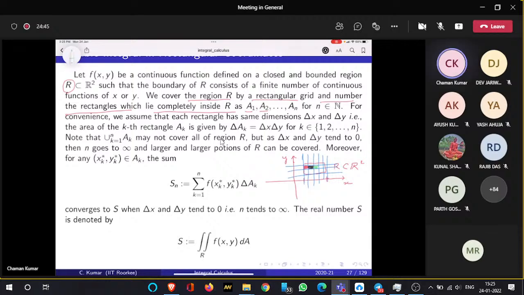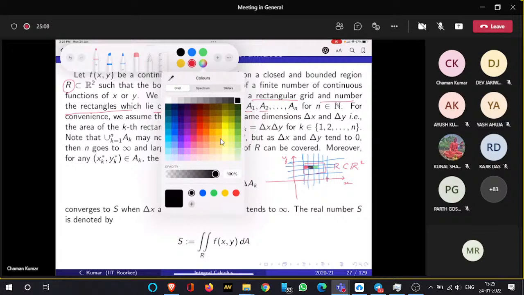Okay, so you make the rectangles in such a way that this region R is completely inside them. Okay, so now what are the rectangles on the boundary here? These are the boundary ones.